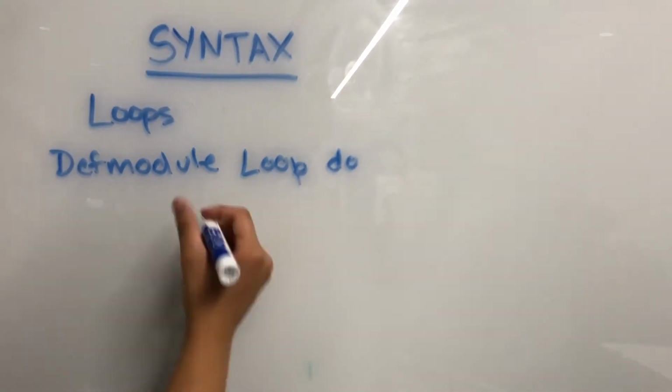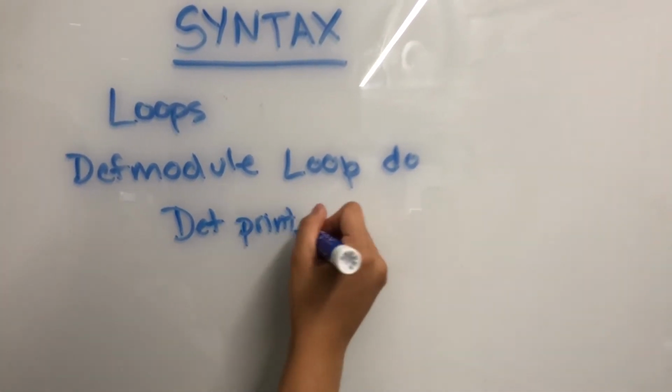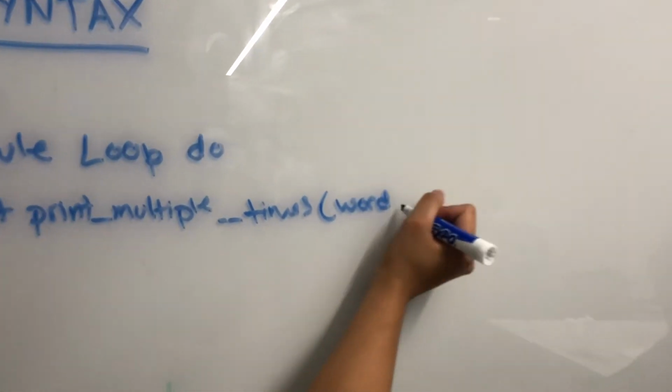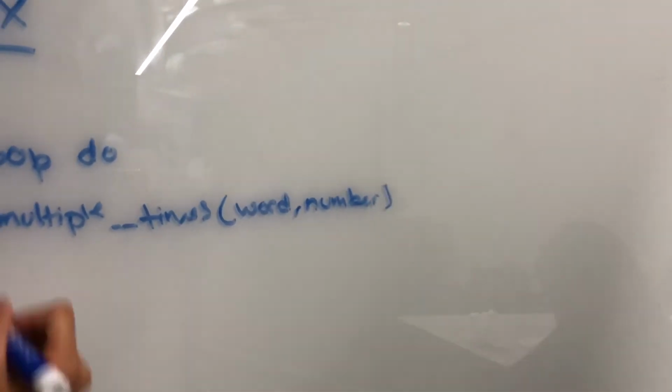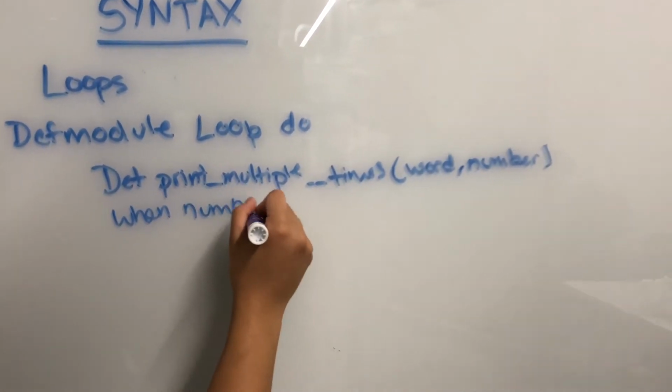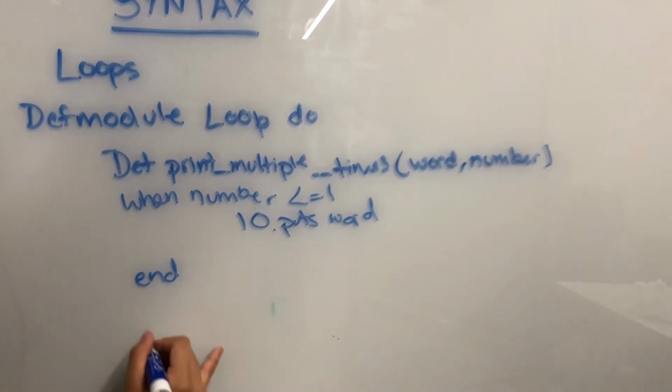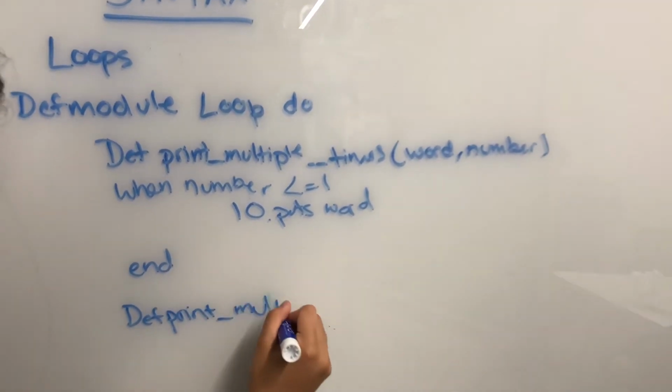Now let's talk about loops. Elixir doesn't officially have loops because it's a functional programming language, but we can use functions and recursion in order to basically have a loop. So we're going to define the print_multiple_times function, and it'll have two arguments, word and number. Word will be the word we end up printing, and number will be the number of times we print it.